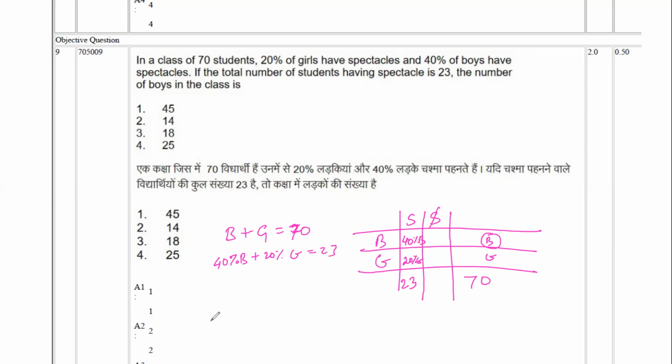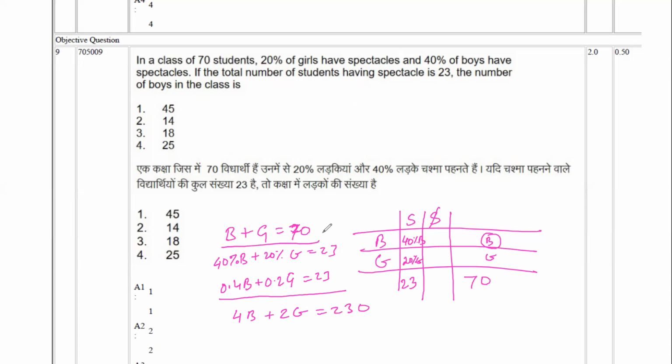So in this situation, I'll rewrite this 40% B as 0.4 B and this as 0.2 G is equal to 23. I'm going to multiply throughout by 10. So I get 4B plus 2G is equal to 230.